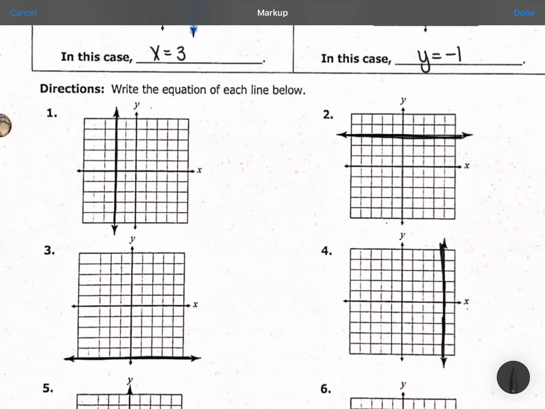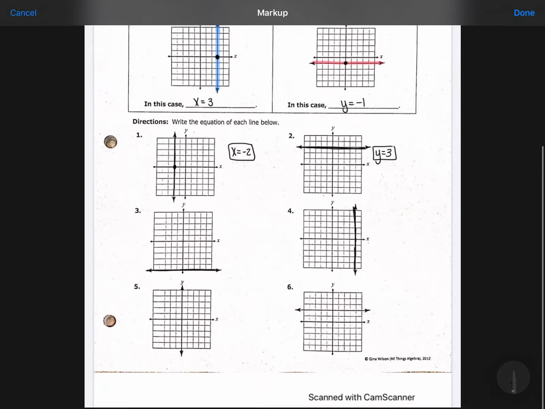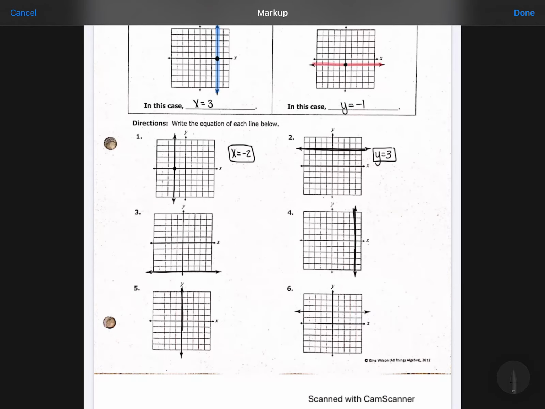For the first one, it's touching the x at -2, so my answer is x equals -2. Pretty simple. I told you it was going to be. So number 2, it's touching the y-axis, so y equals 3, because that's where it's touching the y-axis. So you should be able to figure out the rest of these fairly easily.